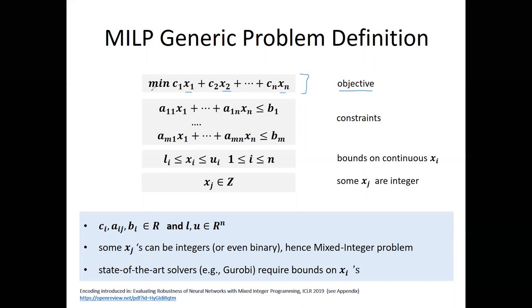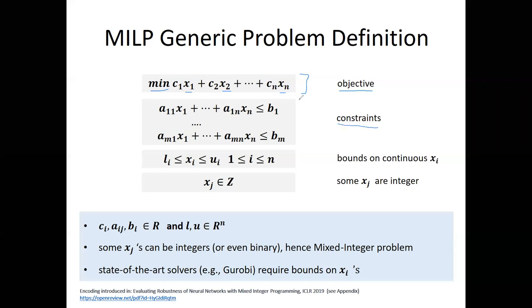Here we're going to be looking at minimization. So we have some linear objective, and we want to find values for x1 to xn where the objective is minimized, subject to some constraints.